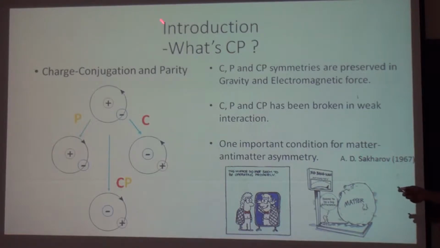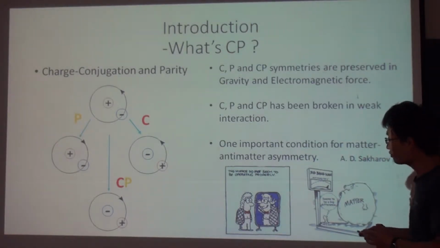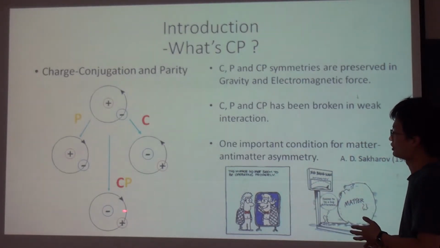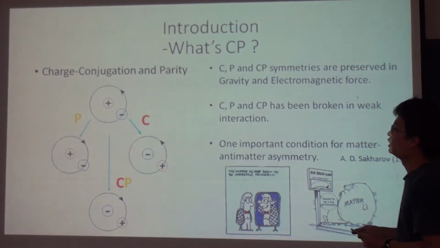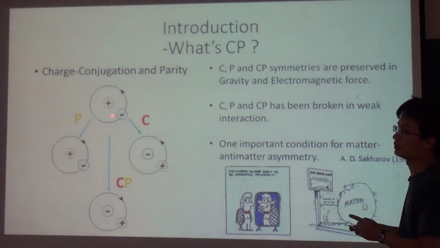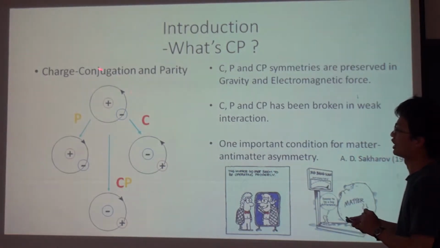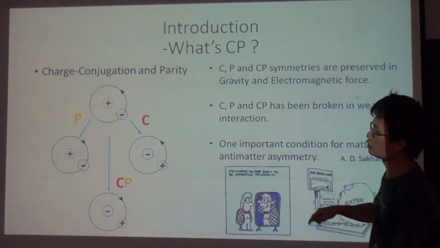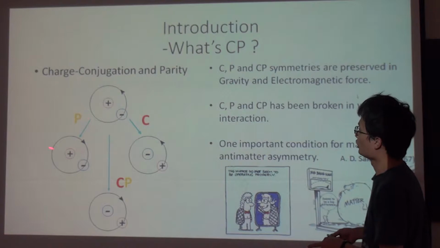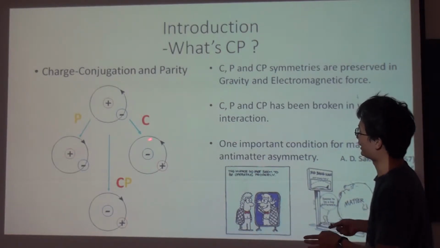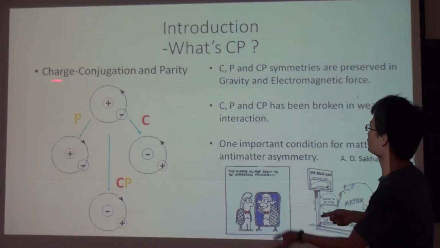Okay, so first, what is CP? CP can be illustrated very simply. First, you can think we have some system which has a positive charge and a negative charge moving counterclockwise. P means you reverse the space, so you rotate from here, change to here.